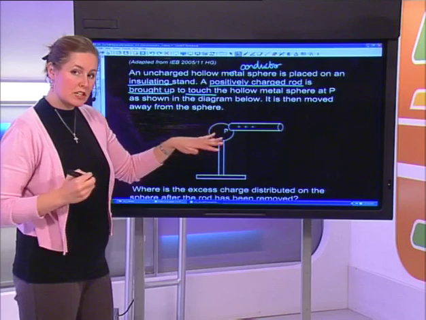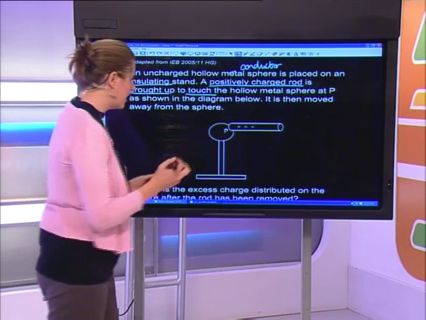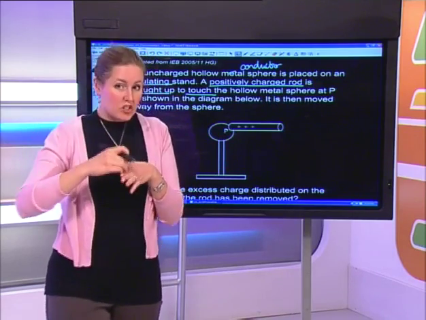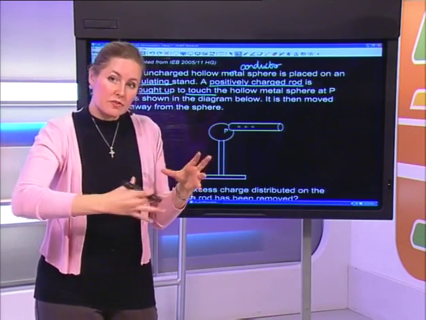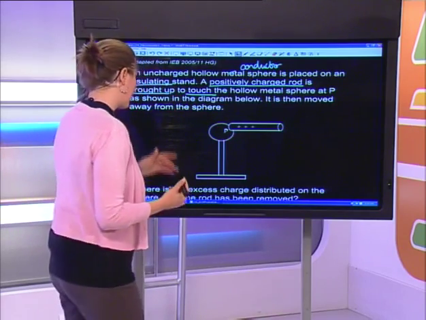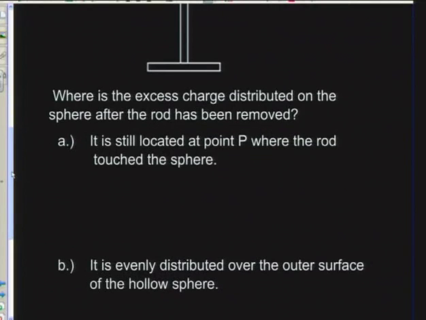We've got a positively charged rod. We've got the metal sphere. What happens? Well, surely, while it's touching, we're going to treat it almost as one big object. So electrons are able to move from the metal sphere onto the charged rod. It is then moved away from the sphere. Where is the excess charge distributed on the sphere after it has been removed?